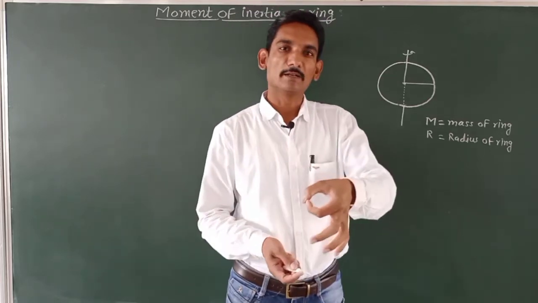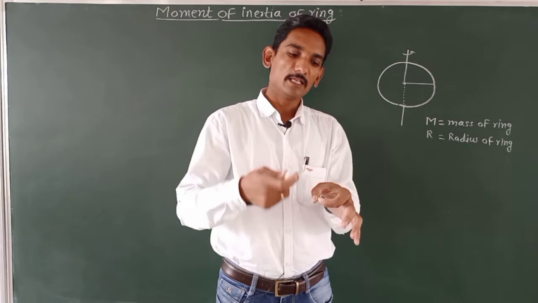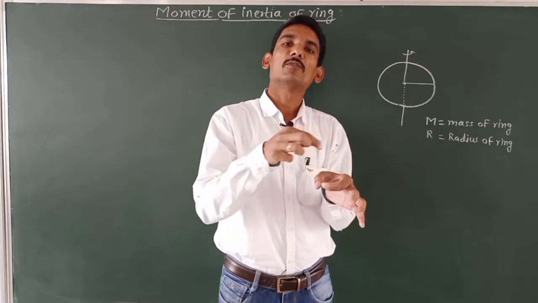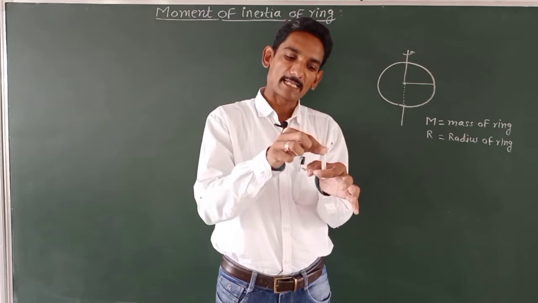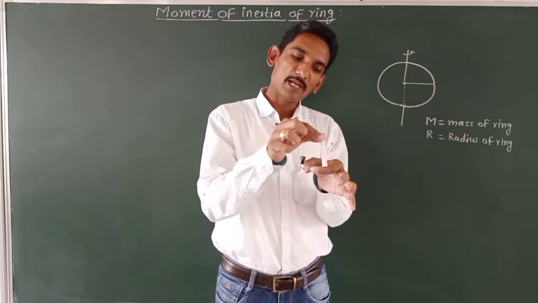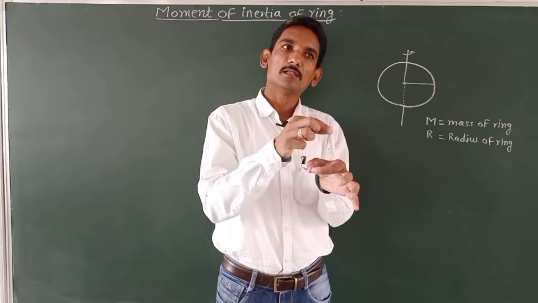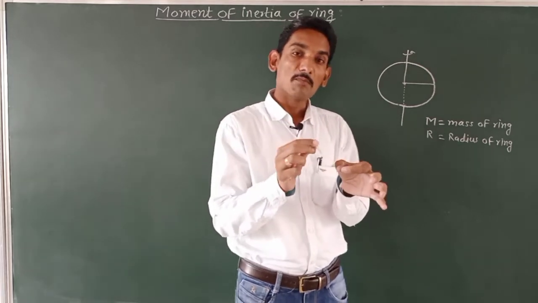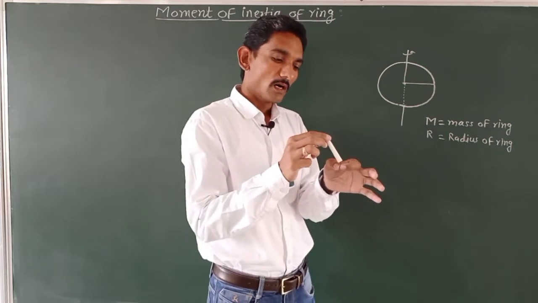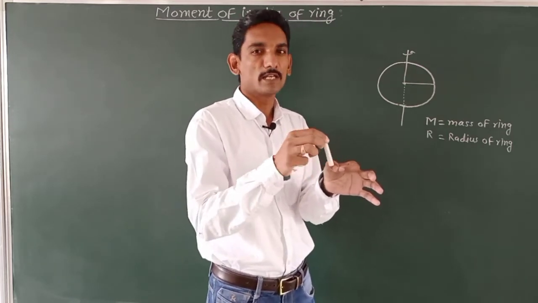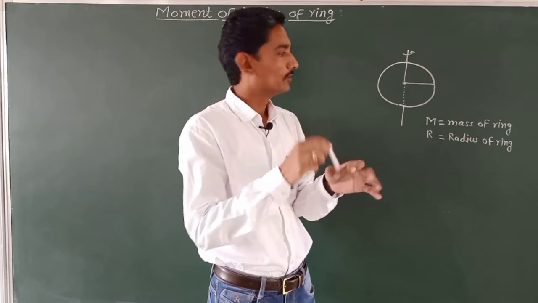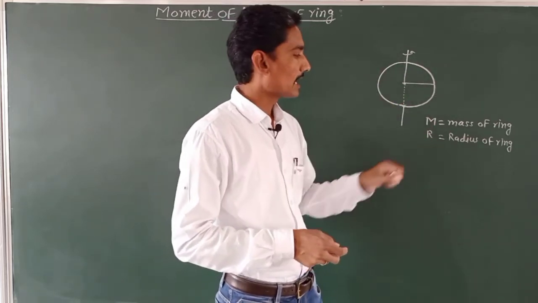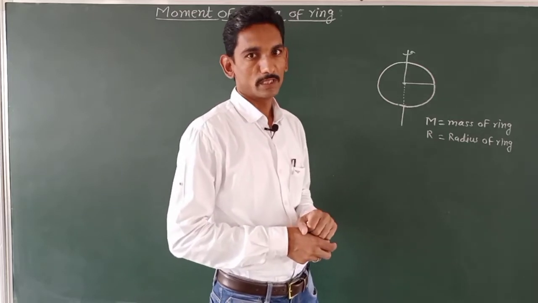This axis of rotation is perpendicular to the uniform circular ring. That means mass is distributed along the circumference of this ring uniformly. Capital M indicates the total mass, and capital R indicates the radius of the ring.